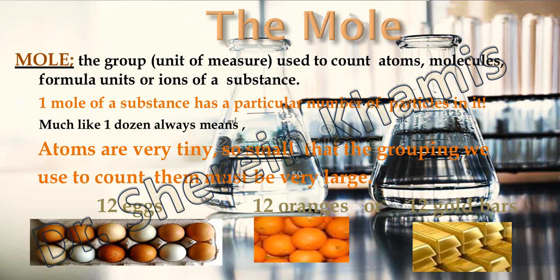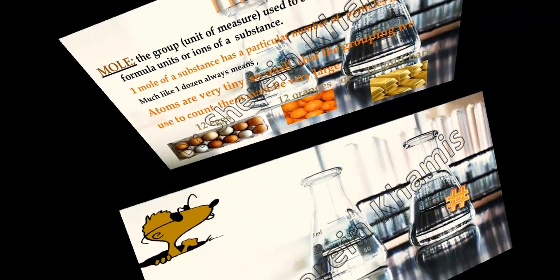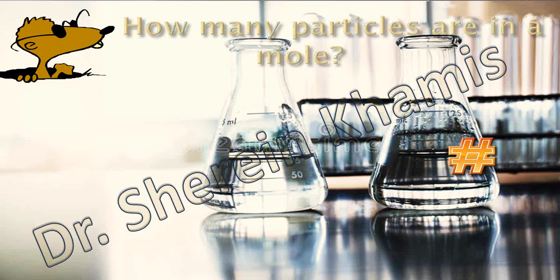We can collect some atoms together and measure them, and at the end we call them one mole. How many particles are there in one mole? We wanted to know how many particles are in a mole.